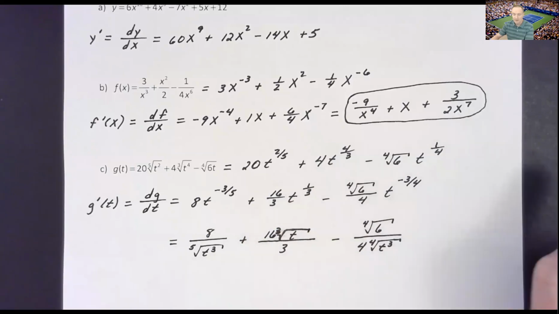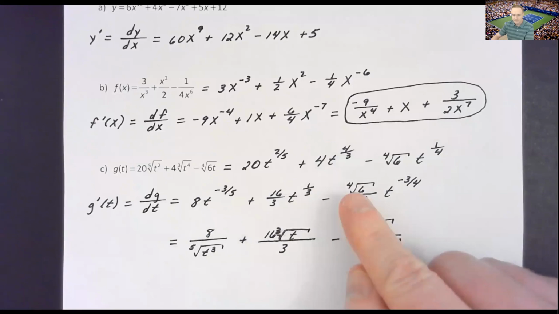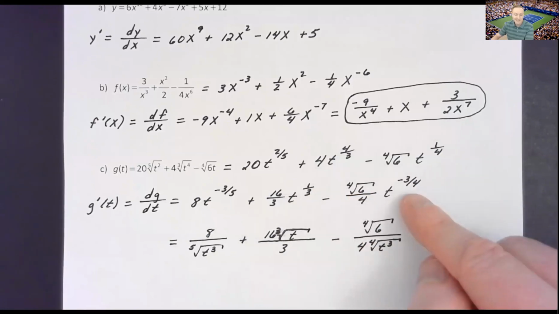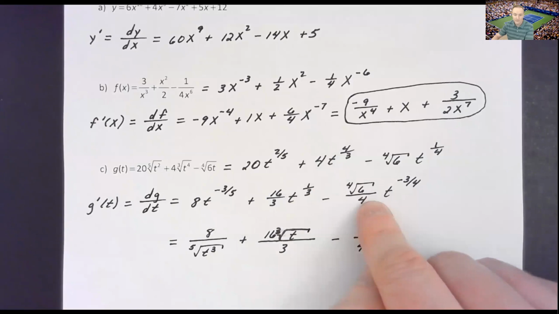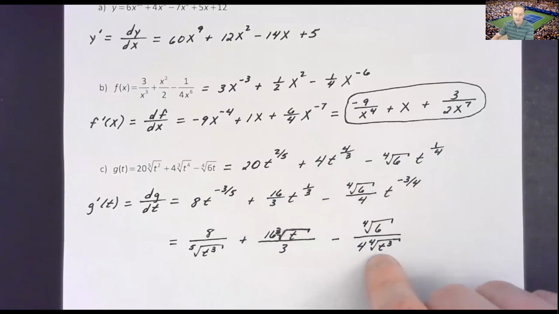Had to use whiteout and it didn't write over it well. The last one here, I have the 4th root of 6 over 4. And then this t to the negative 3/4 power. I can say, well, that t belongs in the denominator along with the 4, and it's going to be the 4th root of t cubed in that denominator. So you see the 4th root of t cubed down there multiplying the 4.